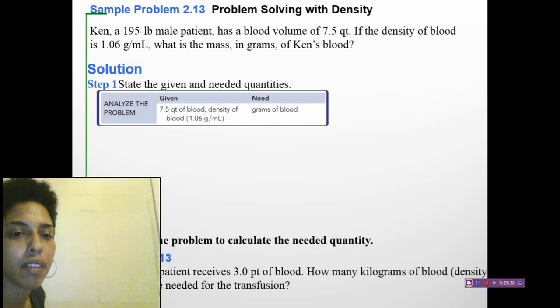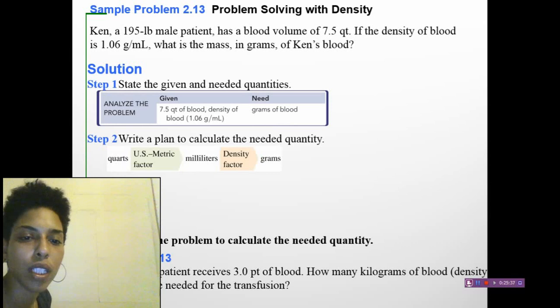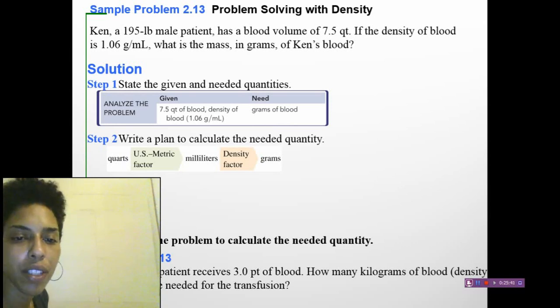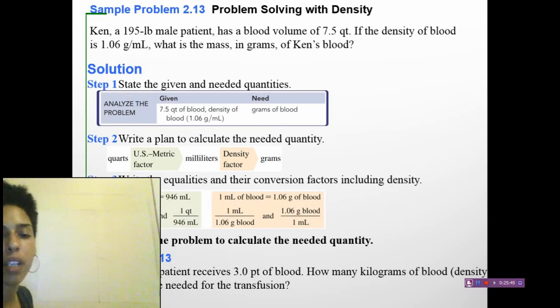So we're given quarts of blood and the density of the blood, and we need to know the grams. So we're going to go from quarts to milliliters using a US metric factor, and then from milliliters to grams using density. So here we have our conversion factors. Let's carry out the problem.